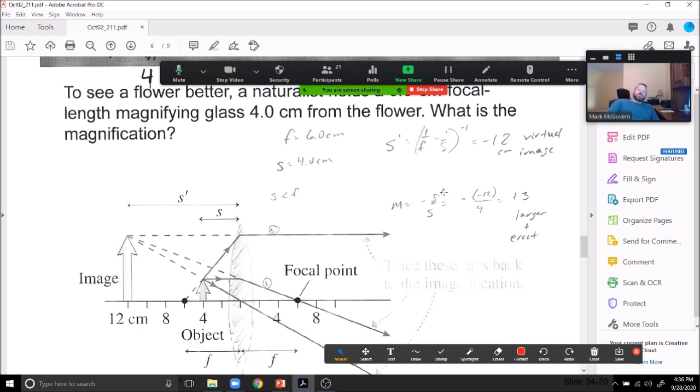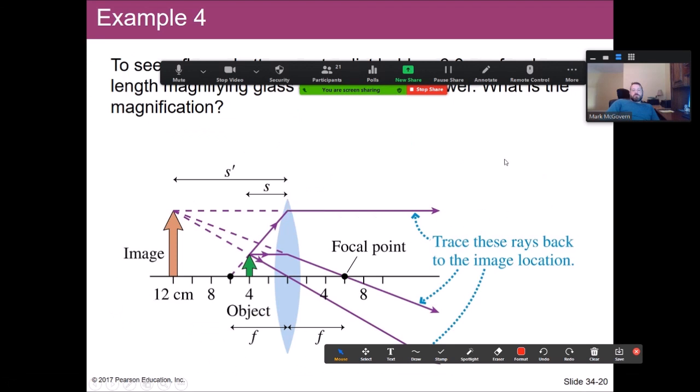You pull it back more, you're increasing the value of S here, and it starts to approach F. That means these two quantities start to get close to each other, and since you're taking the reciprocal, you can end up with a really big number here. And if you end up with a really big number here, you're going to end up with a really big number in the magnification. That's it. That's your magnifying glass right there. Fantabulous. All right, let's keep going.